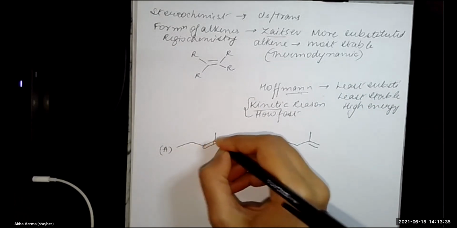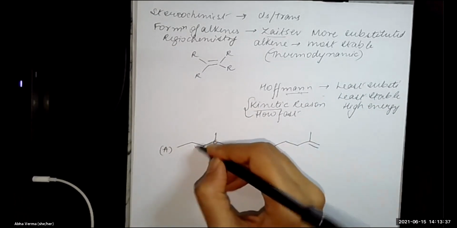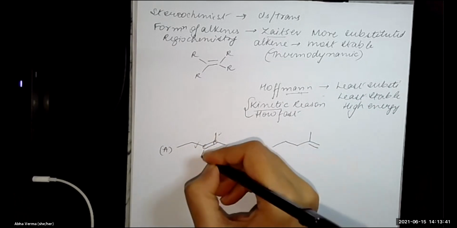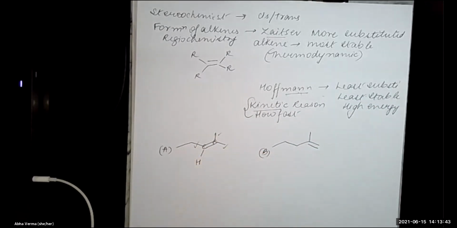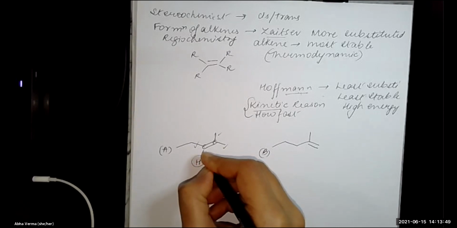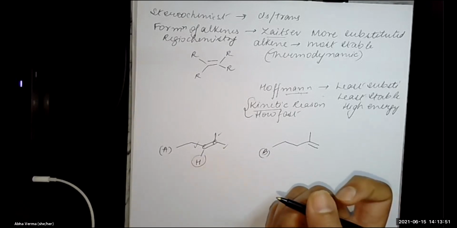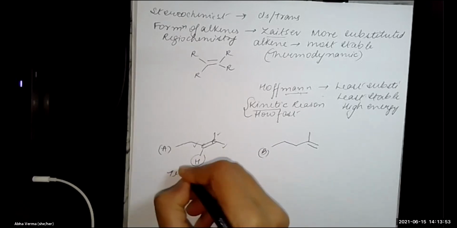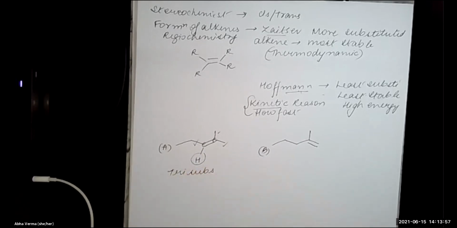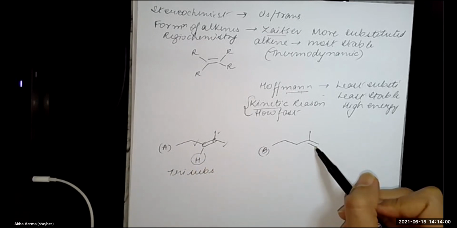So this carbon, there is this group here, this group here, this group here, and I have one hydrogen. So what kind of alkene is this? Tetra-substituted. No. So 3 hydrogens are missing, and so this is a tri-substituted alkene. Okay? Gotcha.